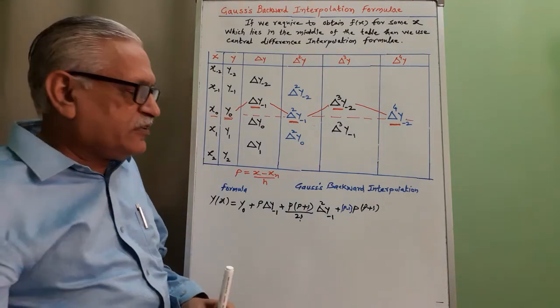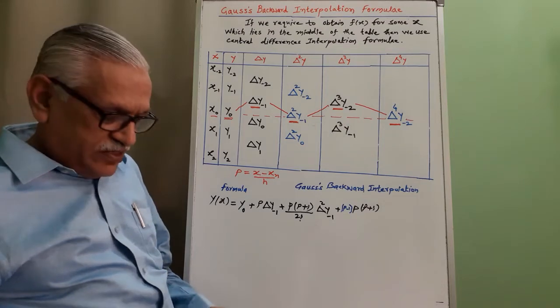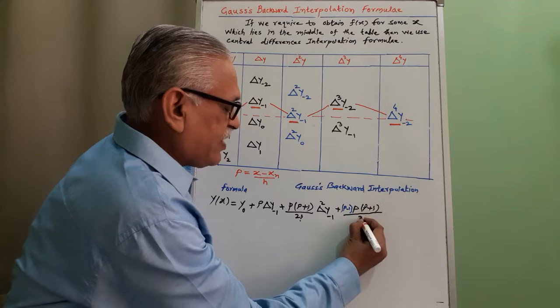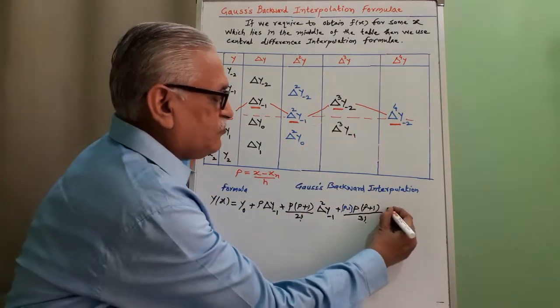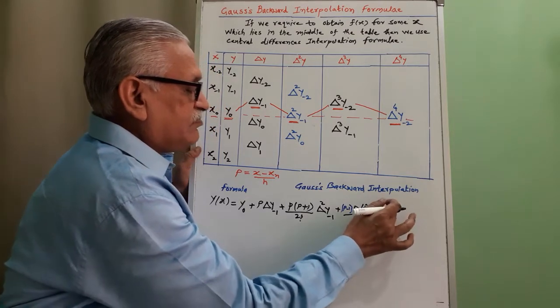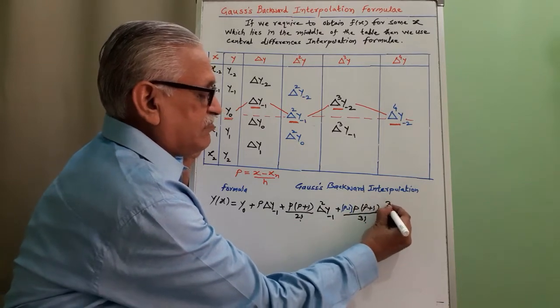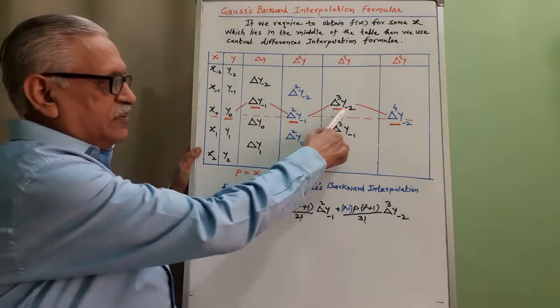We multiply this p plus 1 by that new term p minus 1 and divide by 3 factorial into del cube y minus 2, this value.